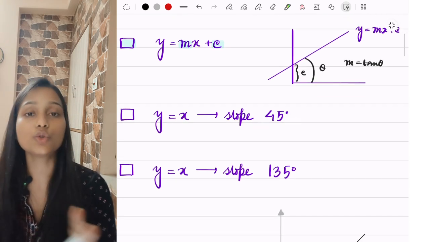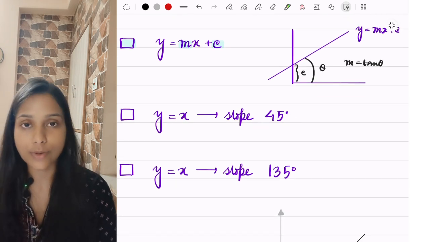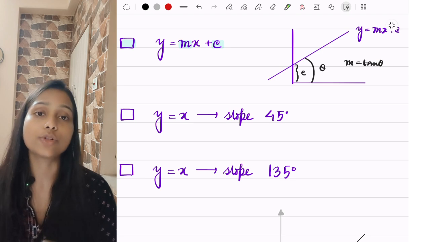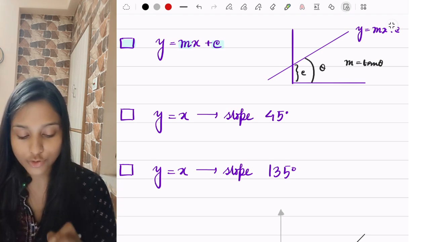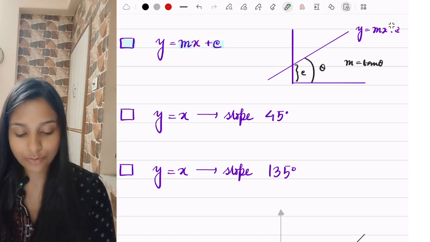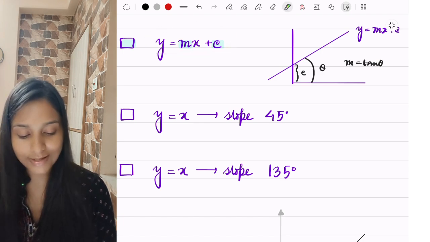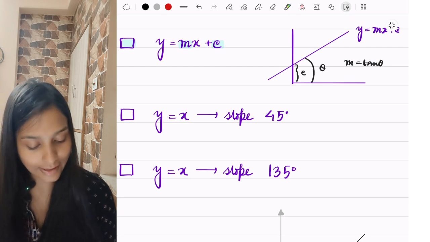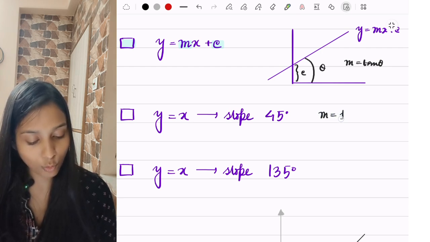Now, we had two straight lines. One was y equals to x and another one was y equals to minus x. So, for y equals to x, we have what? If we compare it with this, then we get that m equals to 1 and c equals to 0.